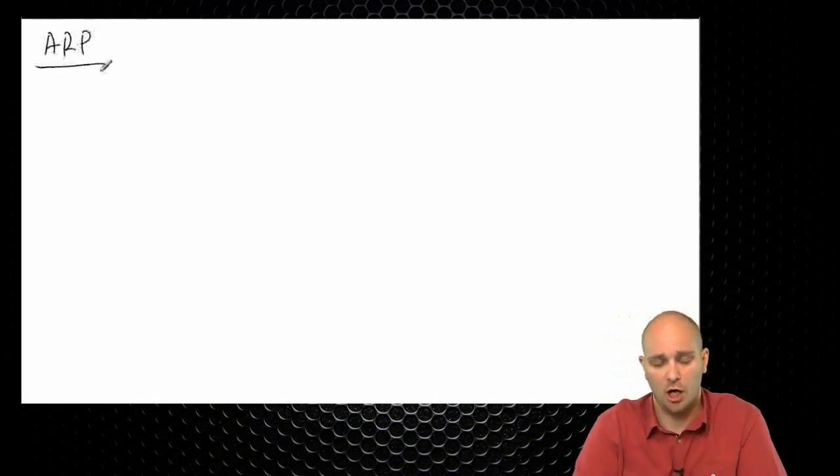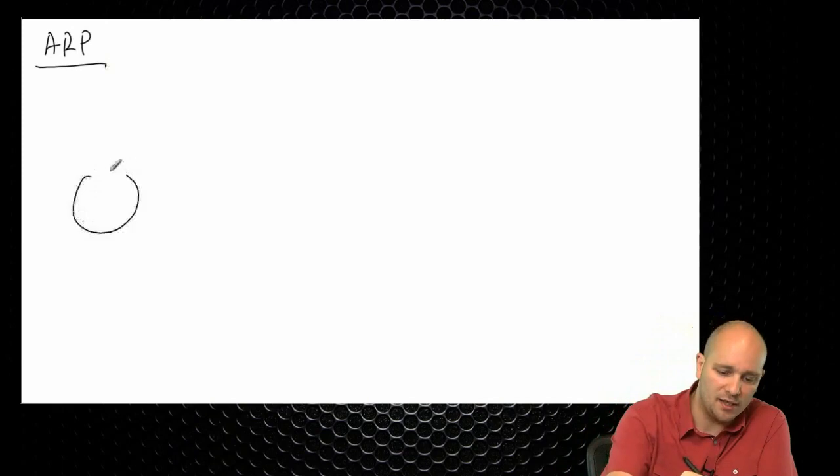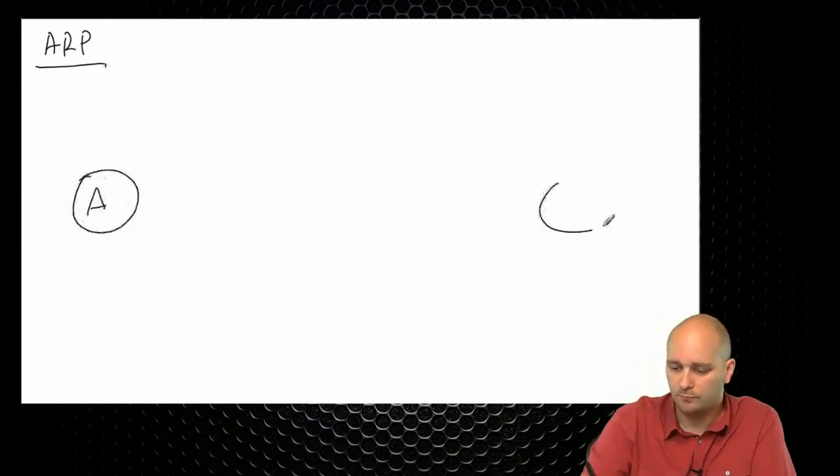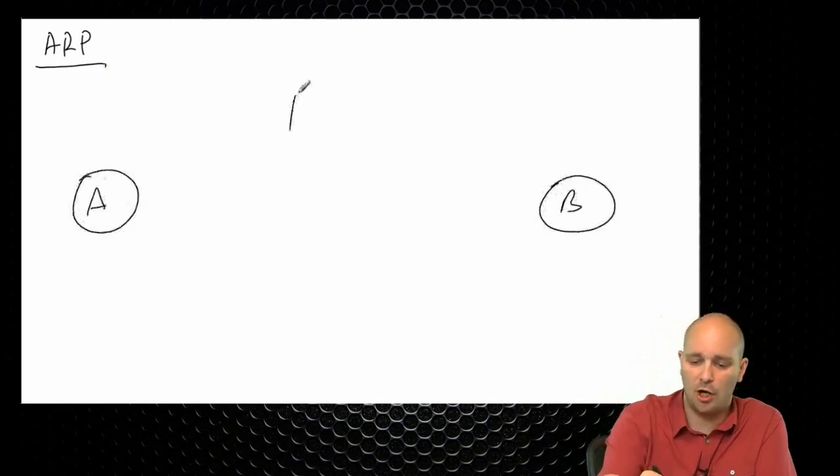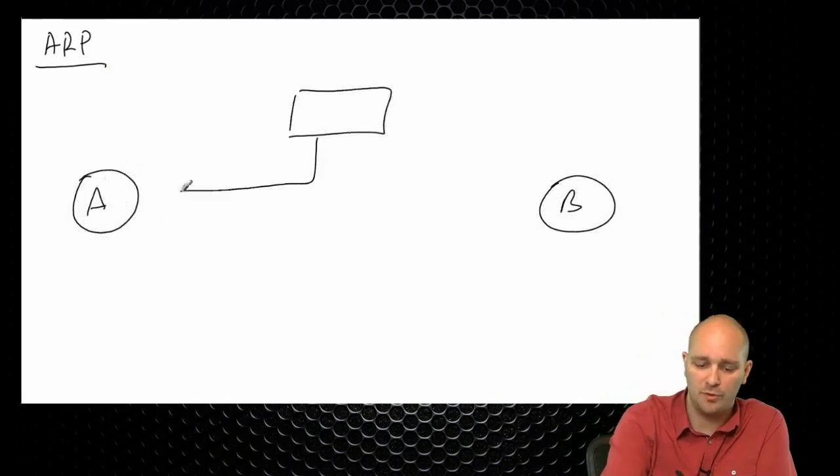So let's first take a look at how ARP works, just a regular ARP. No, just basics, networking 101, the CCIE lecture for free. So what we have here is, let's say that we have host A and host B that are connected to a common switch.